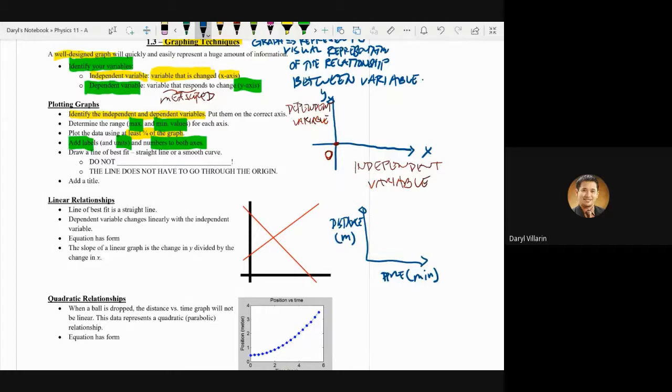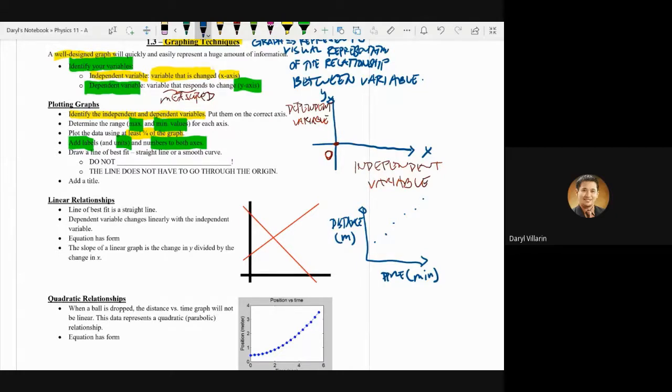Okay, and then let's say I have these data points here. If you can remember your plotting, it's the same thing as plotting in your math. If you can see, it is not necessarily the case that all the data points will fit in a single straight line.